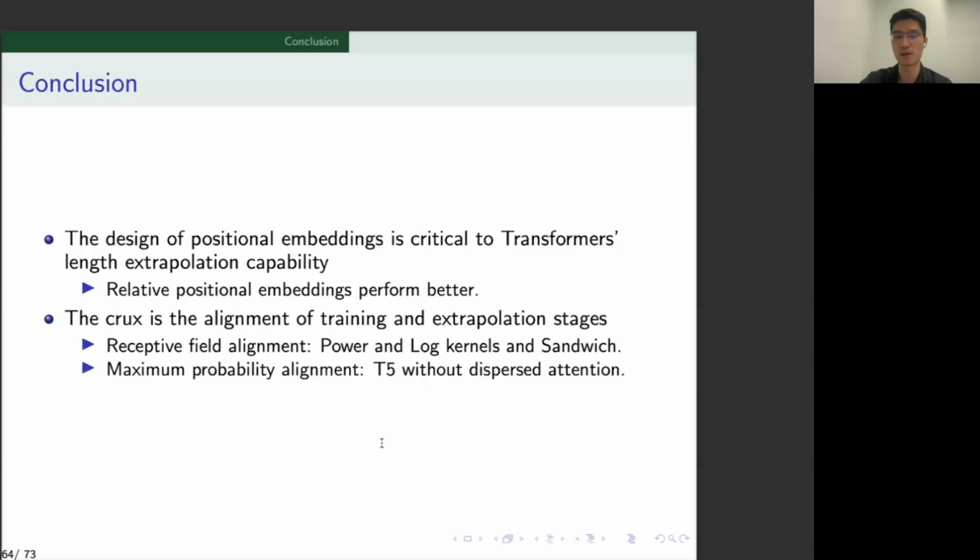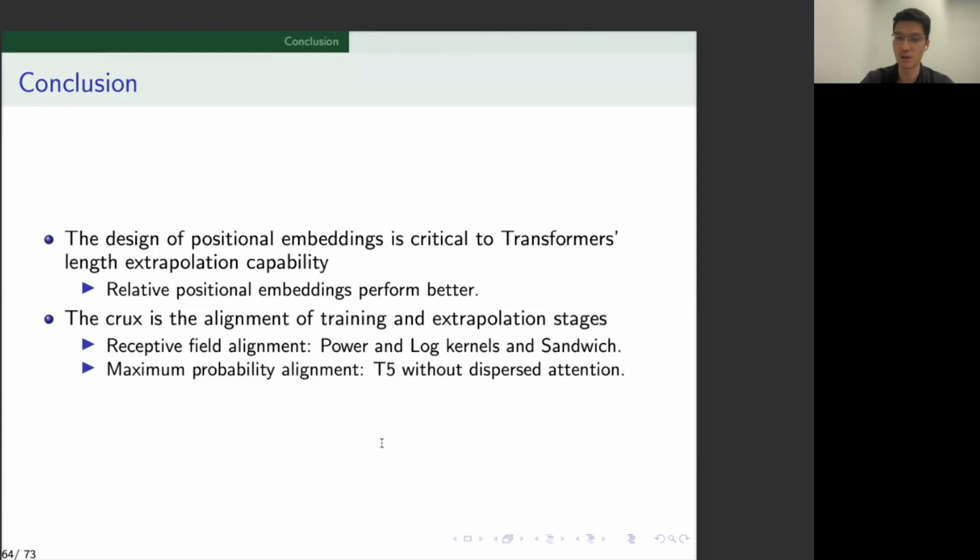Let me quickly conclude the talk. We saw a lot of designs of positional embeddings and kernel methods and stuff like that, and we see our relative positional embeddings perform better at this time compared to other types of positional embeddings. And I believe the crux is the alignment of training and extrapolation stages, because we've seen a lot of instantiations of the idea of alignment, right?